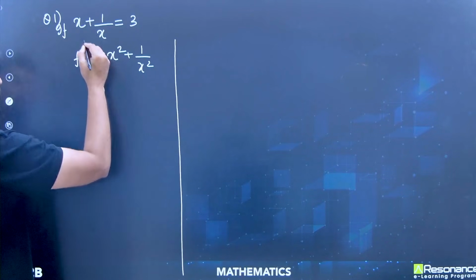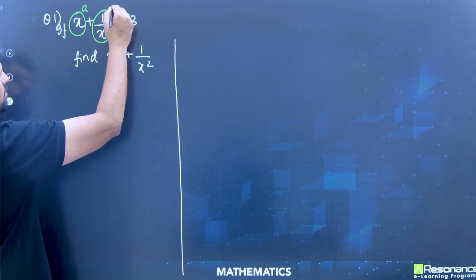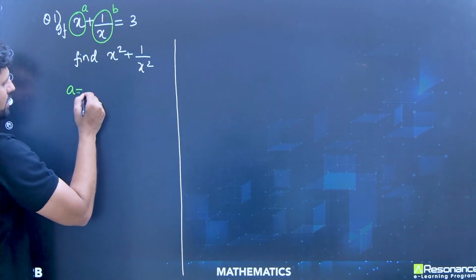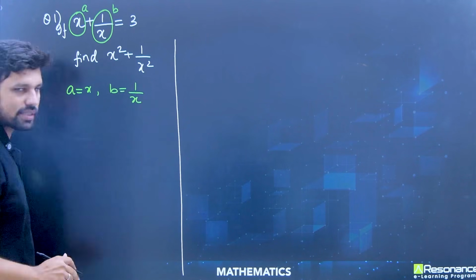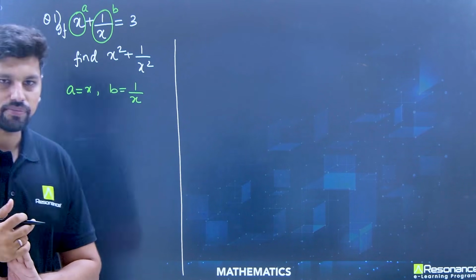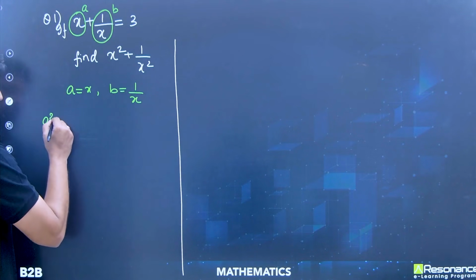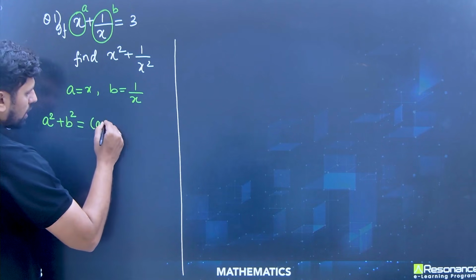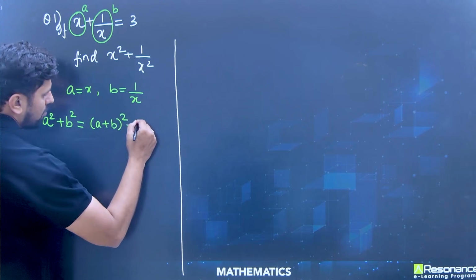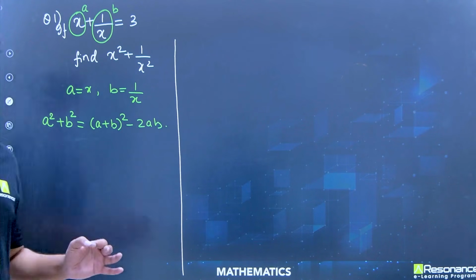So see, let us take this as A and this as B. I am taking A as equal to x and B as equal to 1 by x. Okay. So which formula will I use? I will use the formula of a square plus b square, that is equal to a plus b whole square minus 2ab. Am I correct? We have just done this formula.